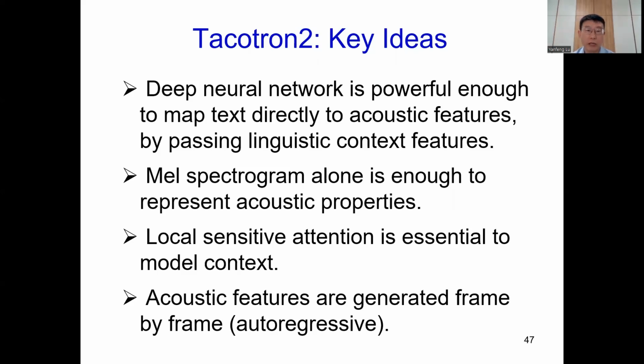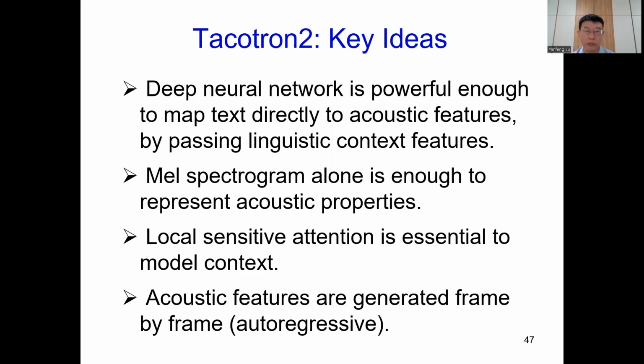So in this way, it bypasses the linguistic context features. So we can see in the traditional divide and conquer approach, actually the first two mappings are combined together. We go directly from text, bypassing the linguistic features, and go directly to acoustic features.